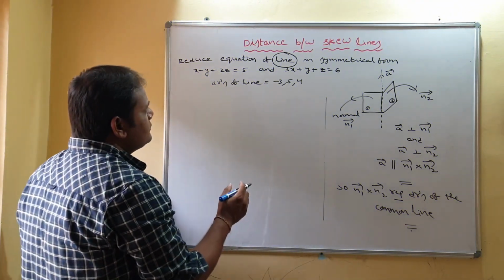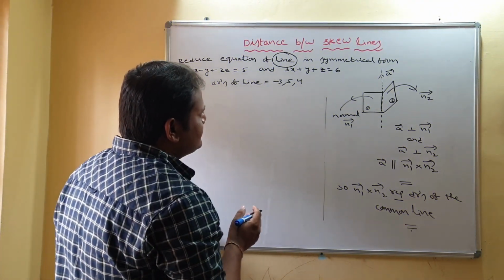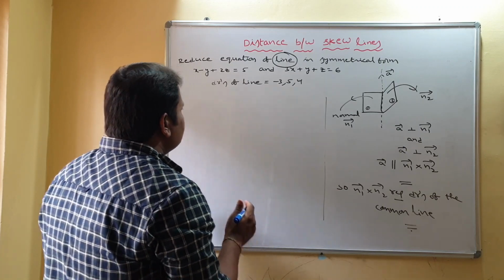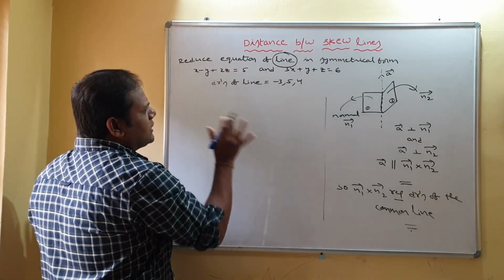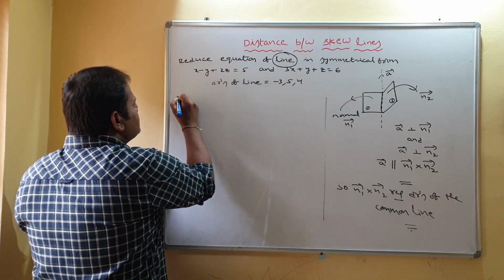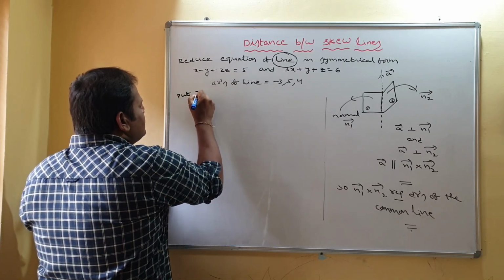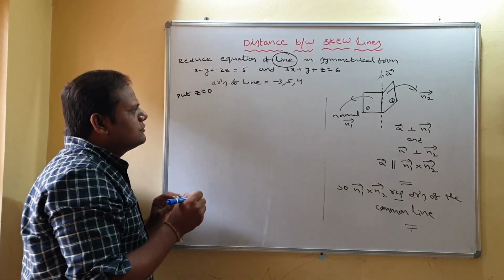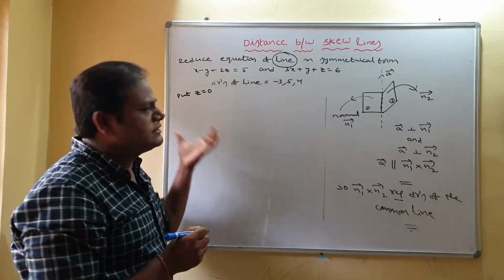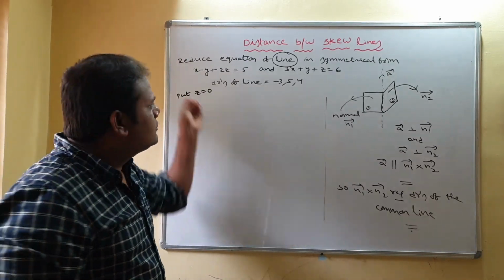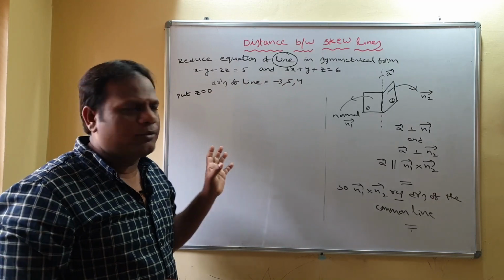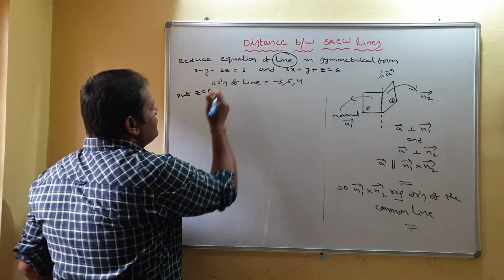Now we find any one of the points on the line. To get a point on the line, the hint is you take one variable as 0. Here I have taken z equal to 0.